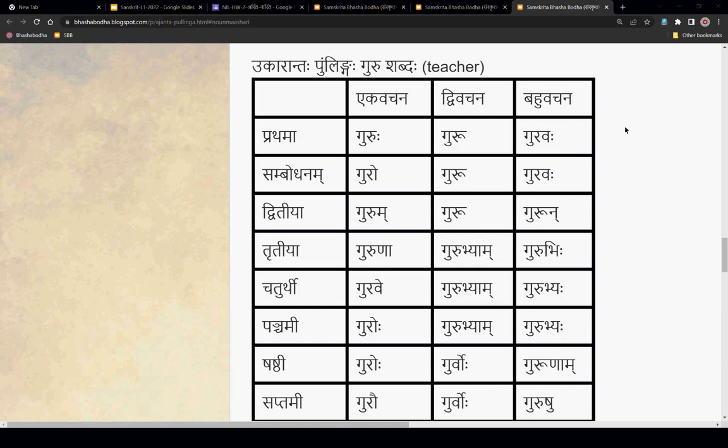Guruna. Guru Bhyam, Guru Bhihi. Gurave, Guru Bhyam, Guru Bhyaha.